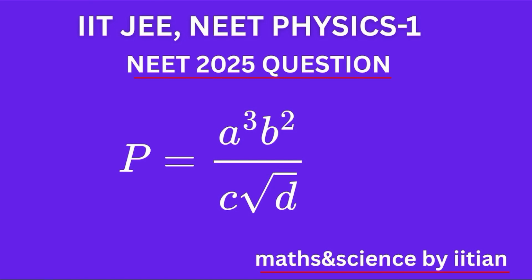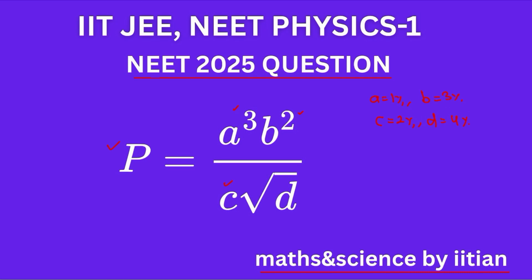A physical quantity P was given depending upon the variables A, B, C, D in such a way that P is equal to A cube B square divided by C into square root of D. Here the errors of A, B, C, D are given as A is equal to 1%, B is equal to 3%, C is equal to 2%, and D is equal to 4%.